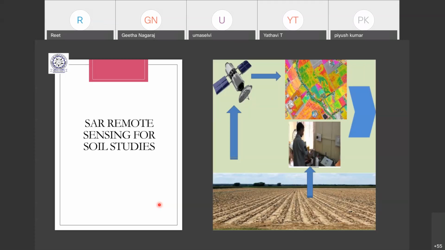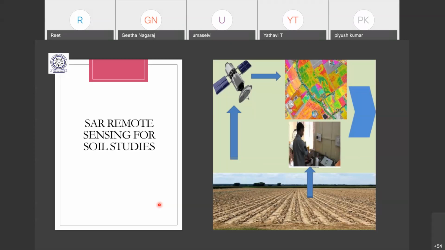The health of the soil depends upon many parameters, like the organic carbon content of the soil, the pH, the electrical conductivity, and the chemical components of the soil, like nitrogen, potassium, phosphorus. These are the three major components of the soil which are important for plant growth: nitrogen, phosphorus and potassium, NPK.